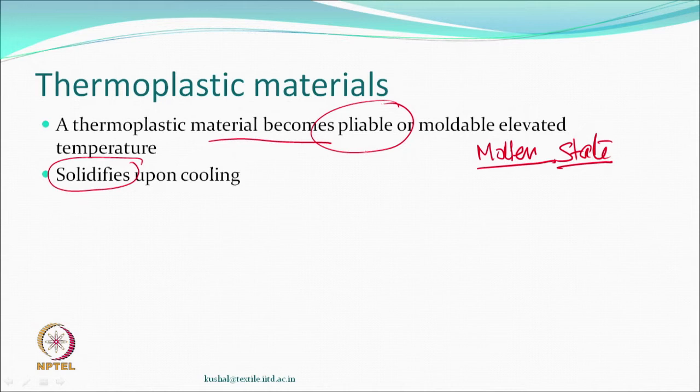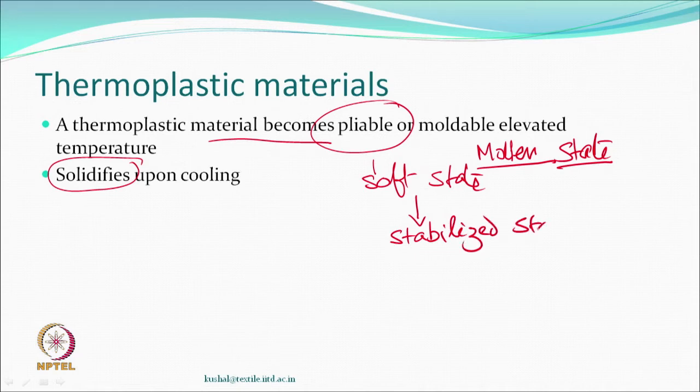So, from something which is a soft state, they can come to more stabilized state. Of course, their property is there, they can be molten also and they can be solidified also upon cooling, that is of course true. But as far as we are concerned, we may not be interested as a textile person, after we have made a fabric or a garment or a yarn, to melt it again. Normally, obviously, that does become part of finish.